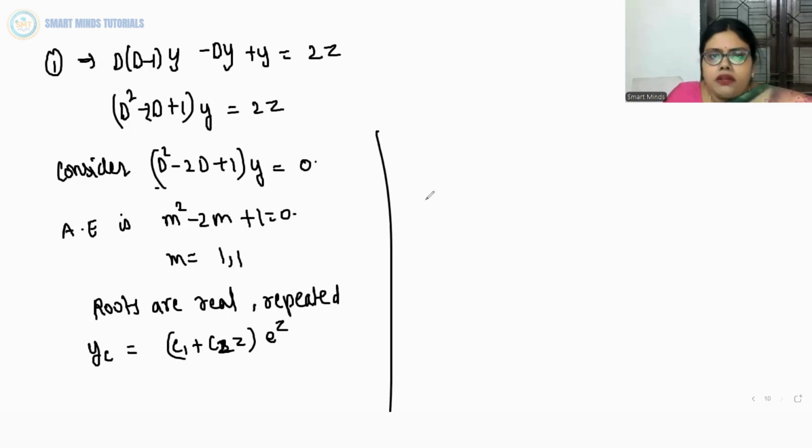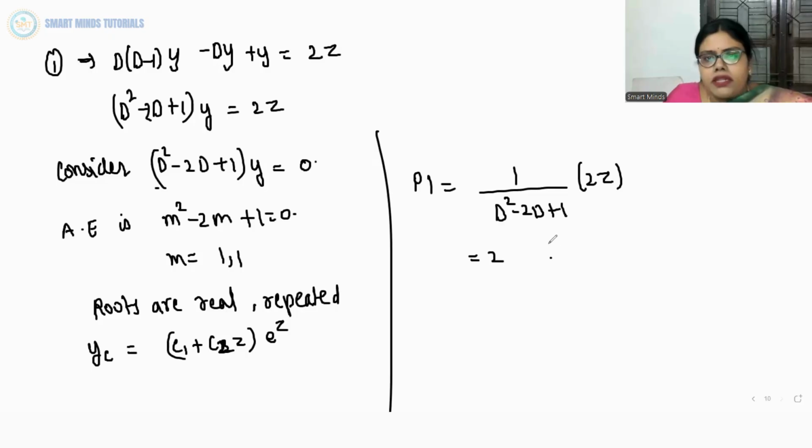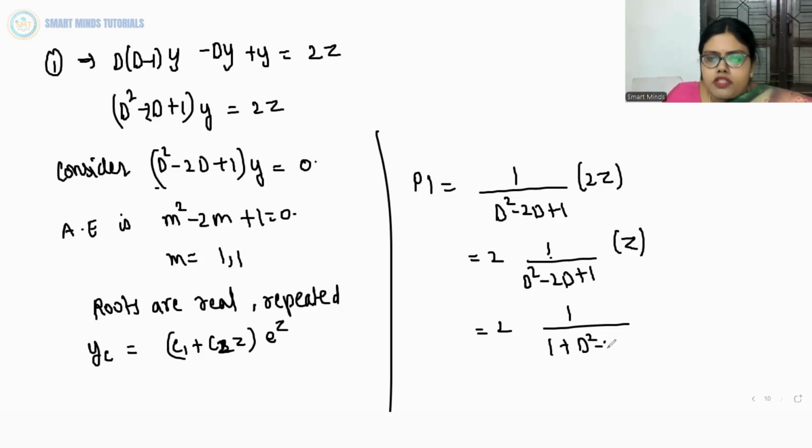So what is the particular integral? The particular integral is 1 by D square minus 2D plus 1 into 2z. 2 is a constant, we will take it out. 1 by D square minus 2D plus 1 into z. That is 2 into 1 by, if we take 1 plus D square minus 2D.